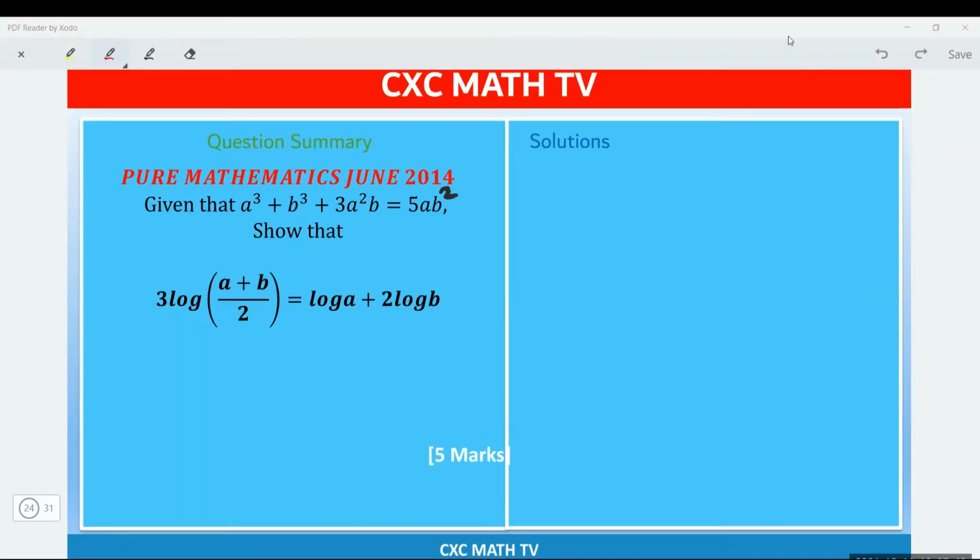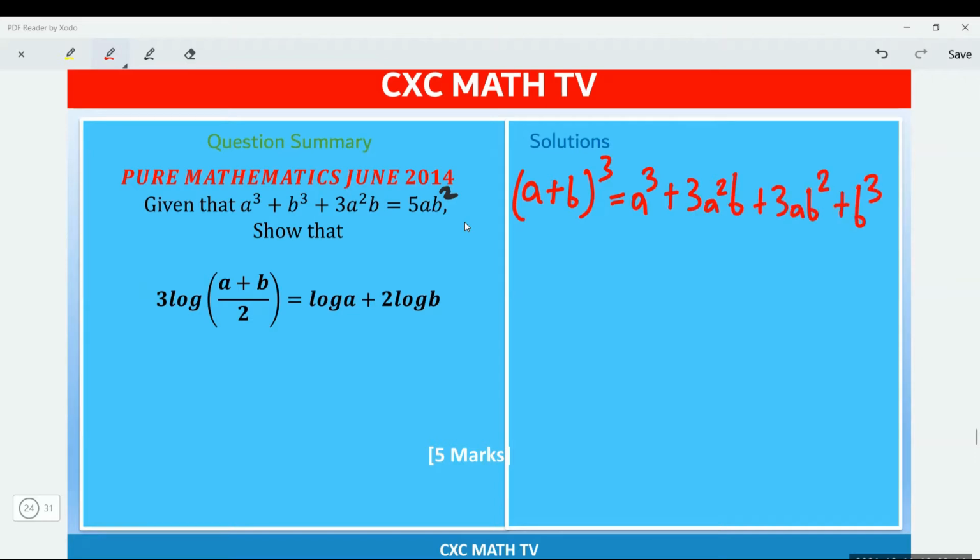All right, so as we're about to attempt this question, they said given, so we know we need to utilize this. But first, let's recall (a plus b) all cube. What is (a plus b) all cube? This is equal to a cube plus 3a squared b plus 3ab squared plus b cube.